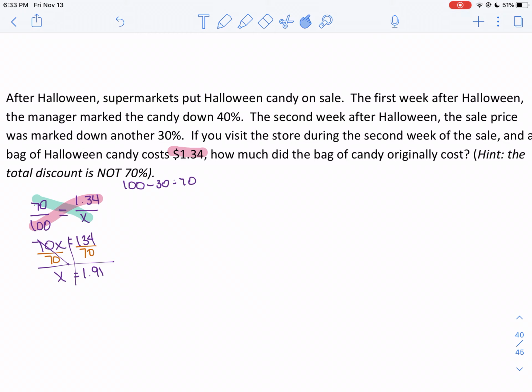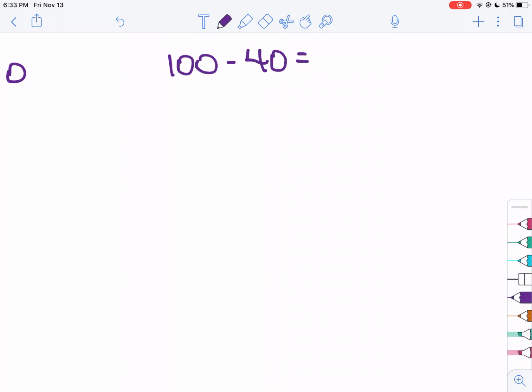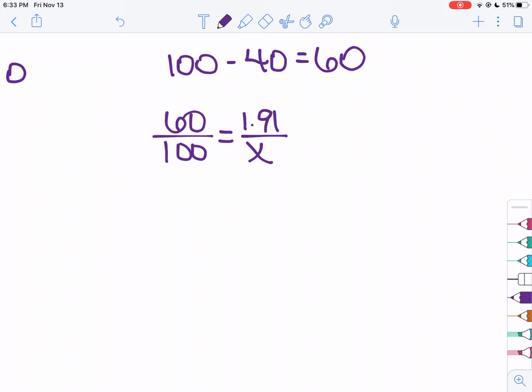So now we have to look at the 40%. So it was marked down 40% from the $1.91. So we can set up a similar proportion, except for this time we have to do 100 minus 40. So our total is 60% of the original. So 60 over 100 equals $1.91 over x. So that's what we're trying to find. 60 times x gives us 60x. 100 times $1.91.